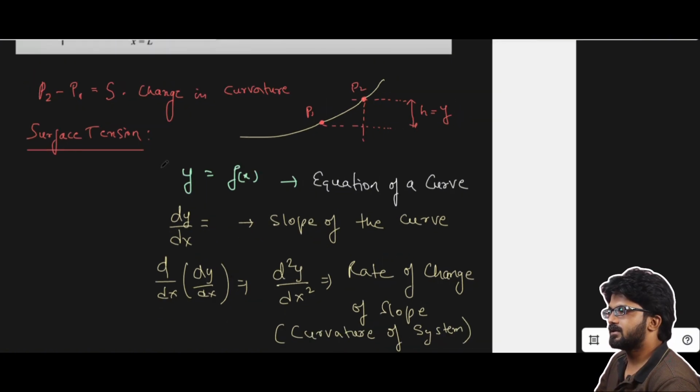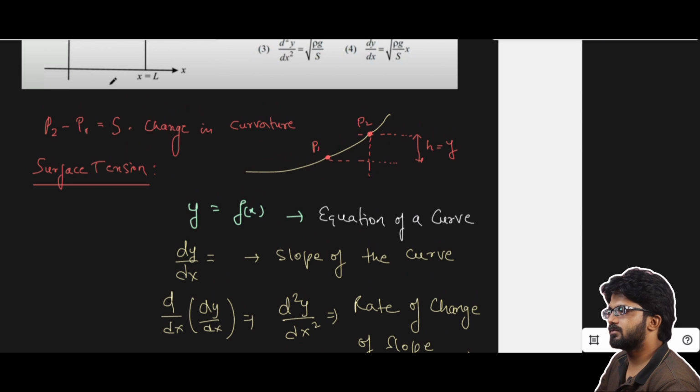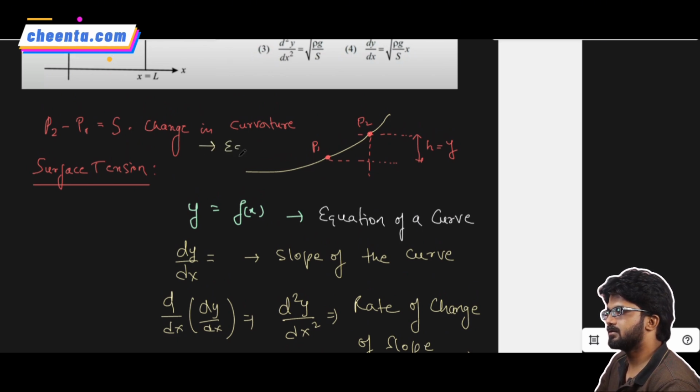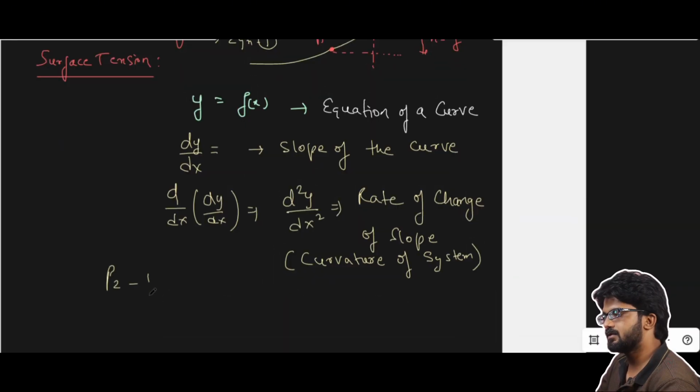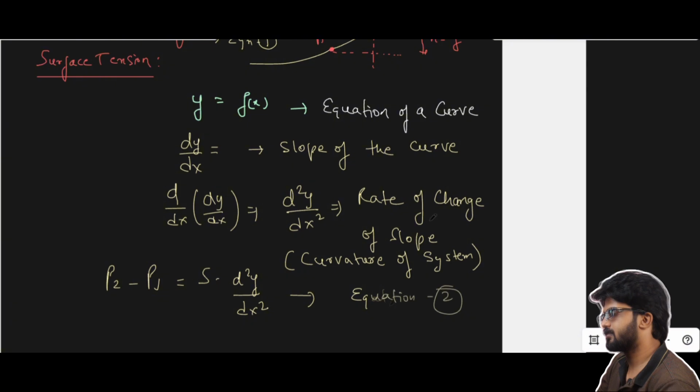So we can apply this in equation number 1, as stated, that the change in pressure is equal to surface tension times the change in curvature. While applying it, P2 minus P1, we can just say S times d square y by dx square. So this is equation 2.